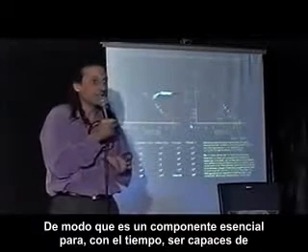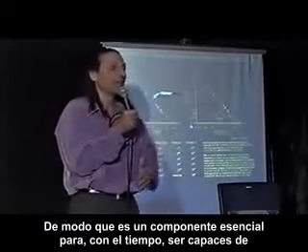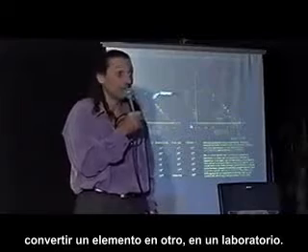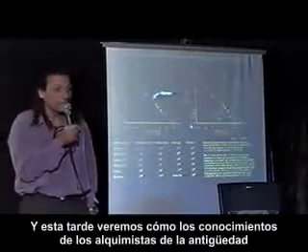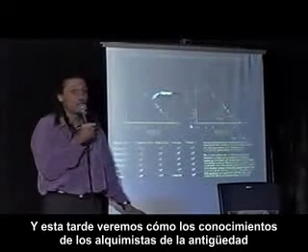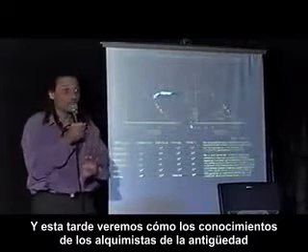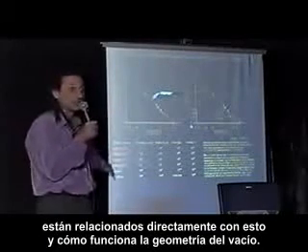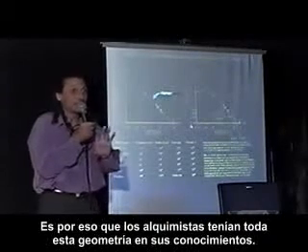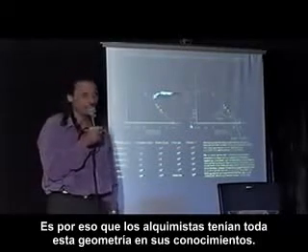So it is a key component to eventually being able to change one element into another in a laboratory. And we'll see tonight and this afternoon how the ancient alchemist knowledge is directly related to this, and how the geometry of the vacuum functions. That's why the alchemists had all this geometry embedded in their knowledge.